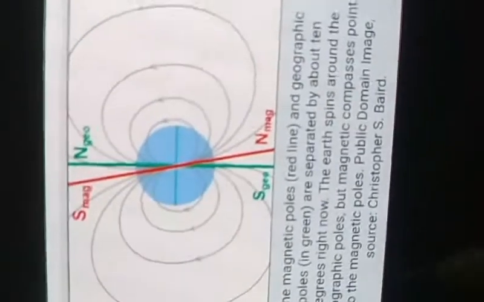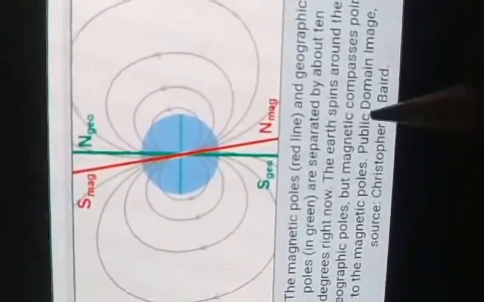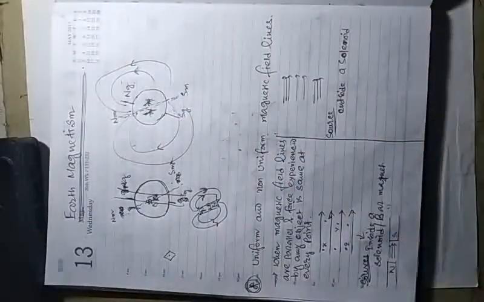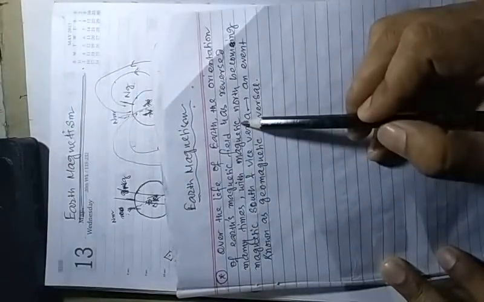Now students, maybe you are confused that here it is magnetic south, and here you can see magnetic north. One very nice thing I am showing you, you can note it down: over the life of the earth, the orientation of the earth's magnetic field has reversed. Can you imagine?